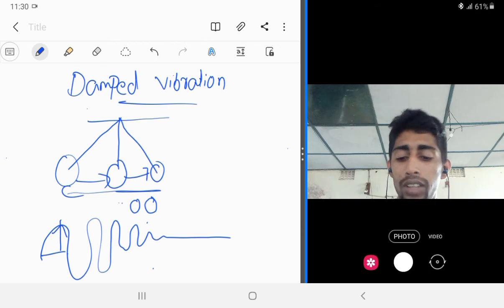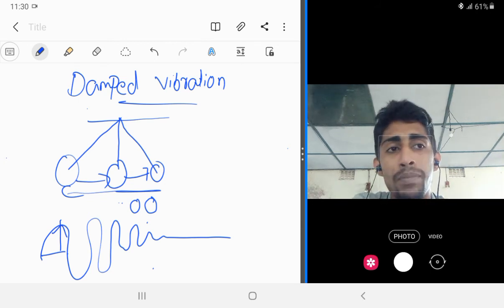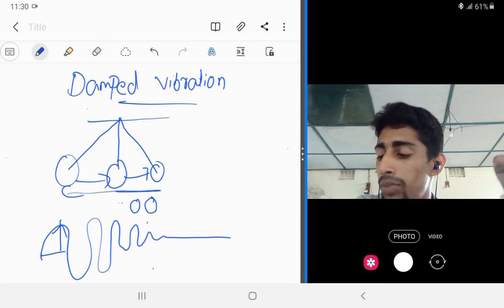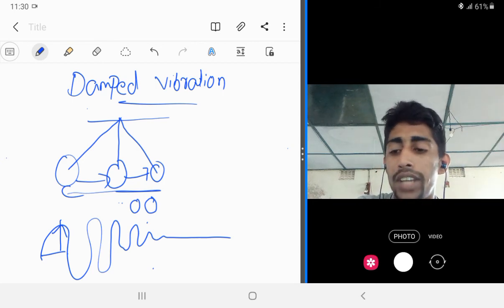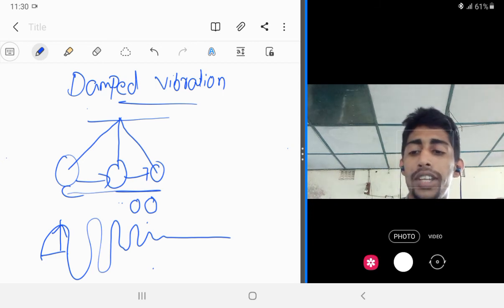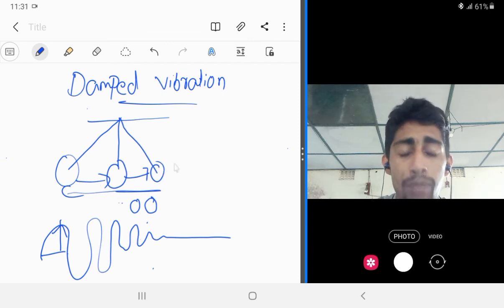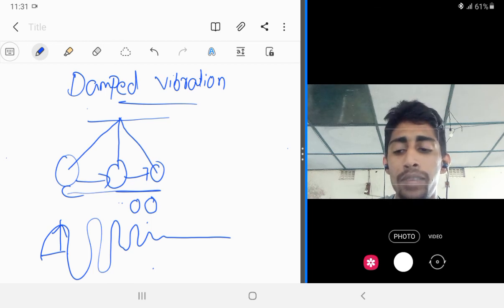First thing, page number 115, the definitions of free vibration, natural time period and natural frequency. In natural time period I didn't do. Natural period means the time taken by the object for one vibration.